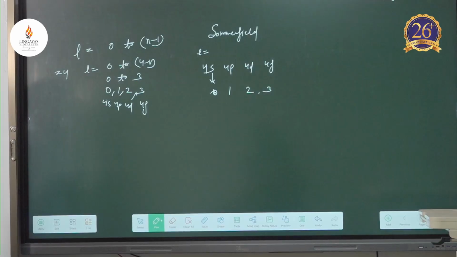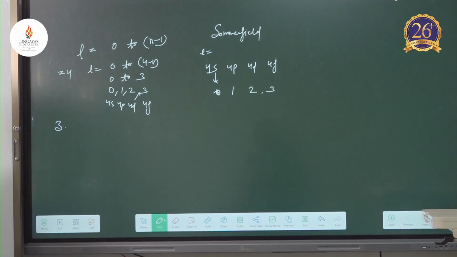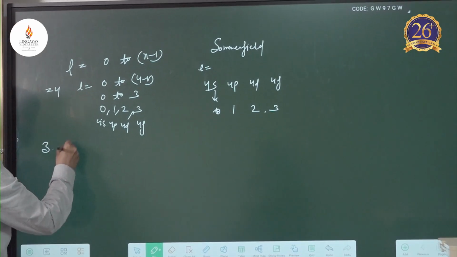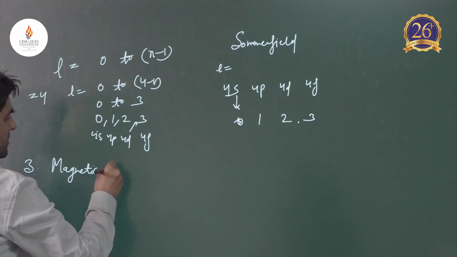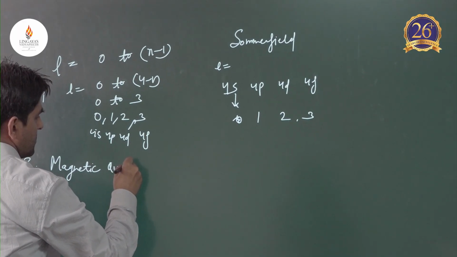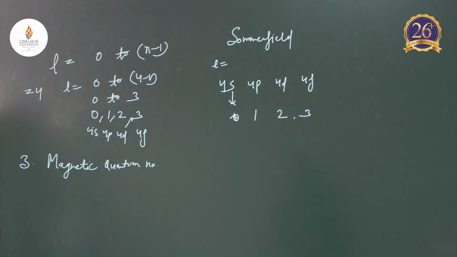Now the third quantum number is the magnetic quantum number. It tells us about the orientation.